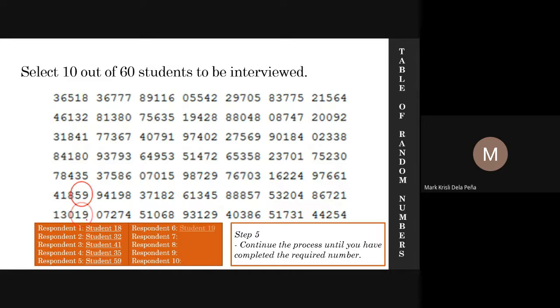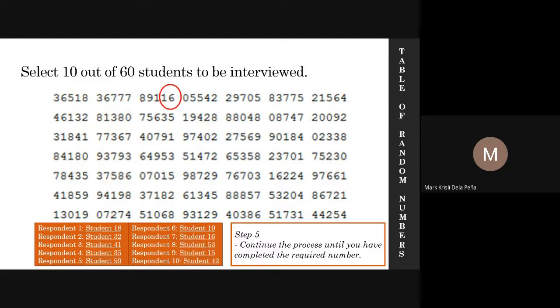Then next, we'll have number 19, student 19. Then 77. Since our largest number is only 60, we will not include 77. Same with 80, same with 67, and also 93, 98, 74. We'll skip all of these, since we don't have students listed in these numbers.